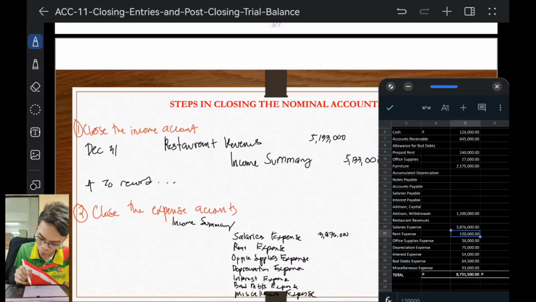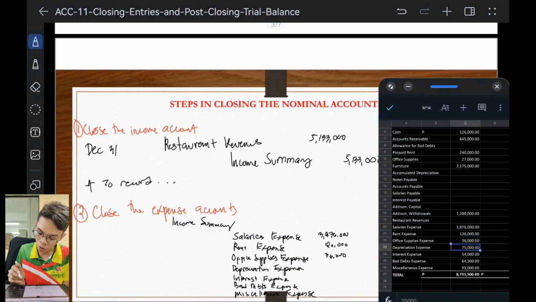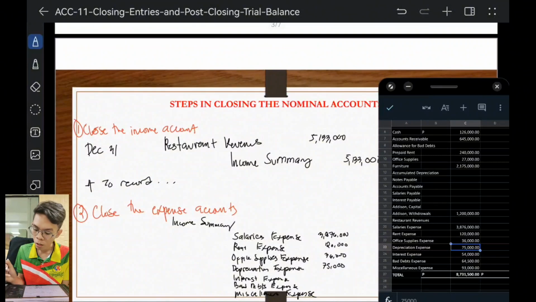And rent expense is 120,000. We have office supplies expense of 36,000. We have depreciation expense of 75,000. Interest expense of 54,000. Bad debts expense of 64,500. And lastly, we have miscellaneous expense of 93,000.